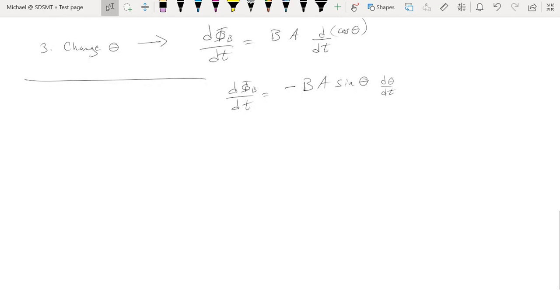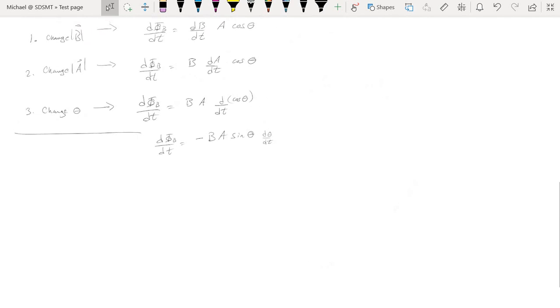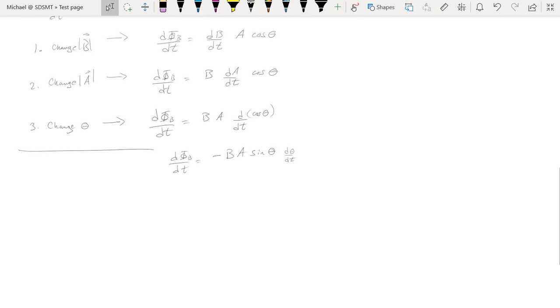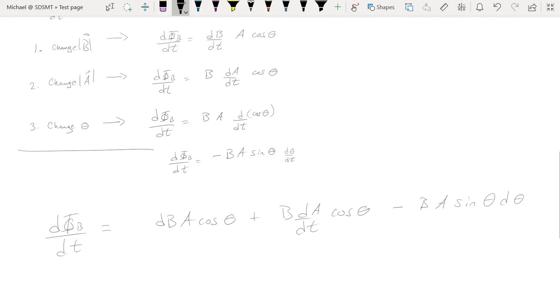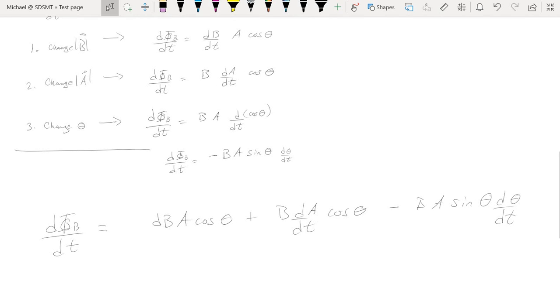Well, we do that by adding together the effects. And so the total change in magnetic flux for any system would look like this. All I'm doing is I'm combining the different methods in which magnetic flux for a system can change.